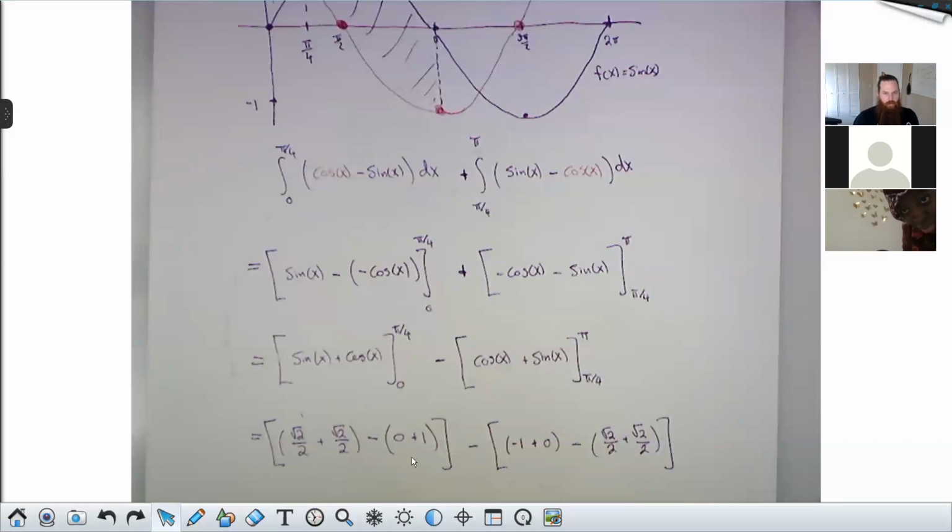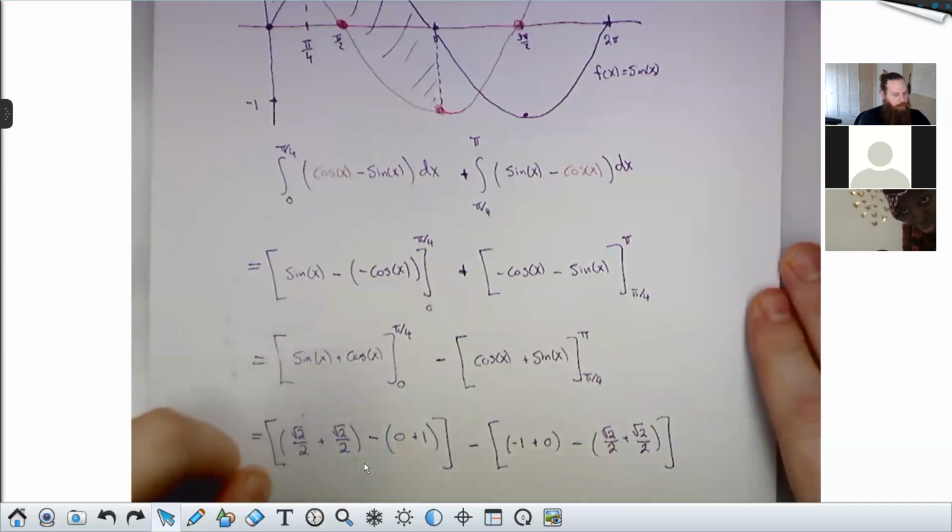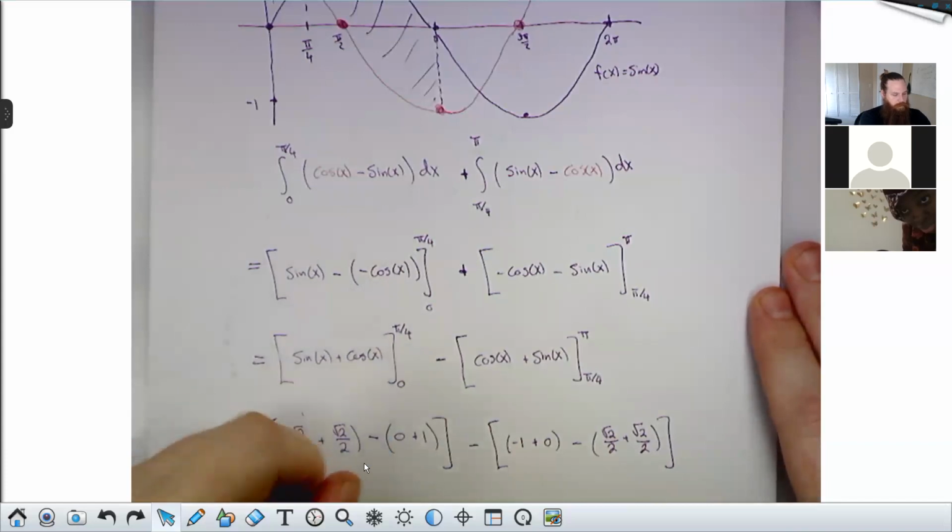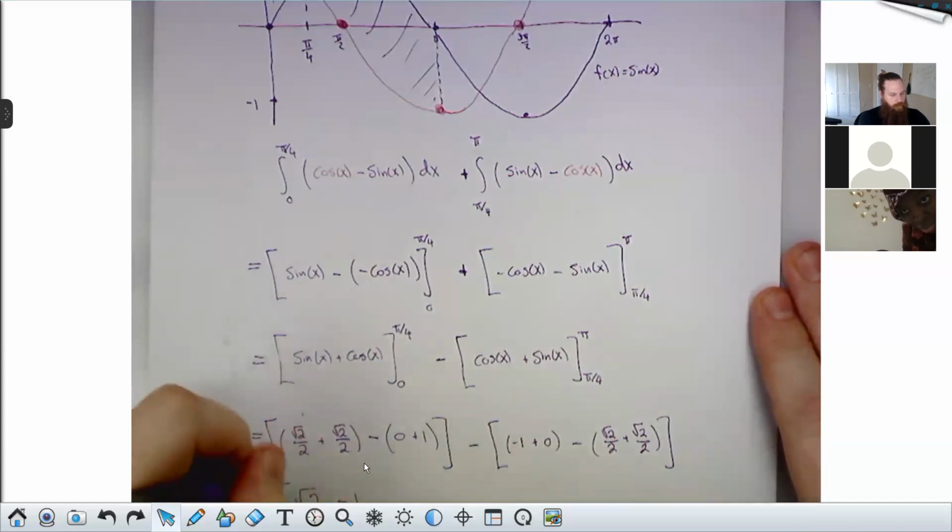And finally, I can distribute any negatives and clean things up. Here I've got root 2 over 2 plus root 2 over 2. That is 2 copies of root 2 over 2. That's just root 2 minus 1. That's this first bracket.